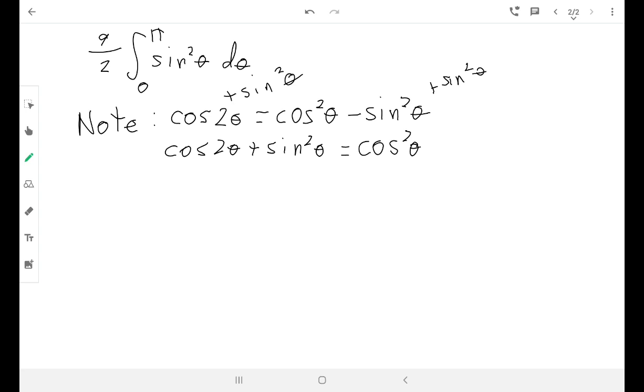Yeah, and then I can subtract the cosine 2 theta on both sides and get that sine squared theta equals cosine squared theta minus cosine of 2 theta. Right?